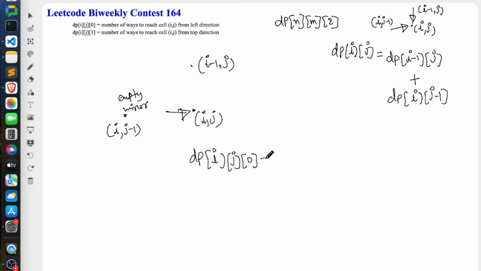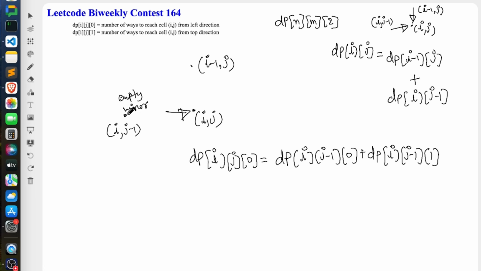So dp of i j 0 would be, if this is empty, it means it just gives me the number of ways to reach this particular cell from any direction. It is dp of i j minus 1, 0 or dp of i j minus 1, 1.